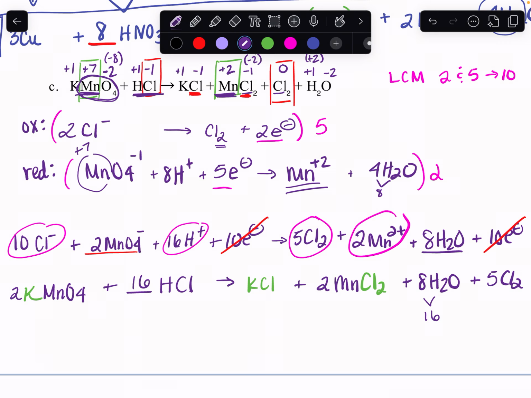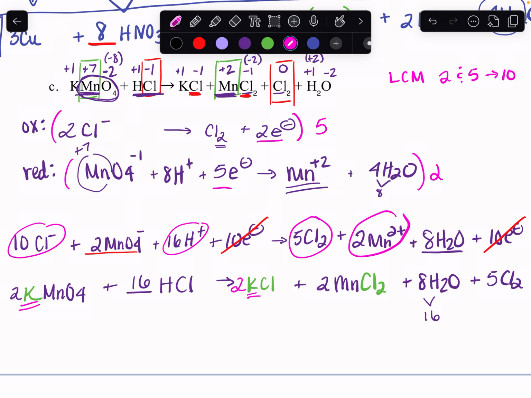But I do want to look around, and I want to make sure that I've actually got the correct amounts of everything, right? So one thing is my spectator ions are not correctly balancing at the moment. I have this potassium over here, and I got 2 of them, but I only got 1 here. So I am going to plop a 2 down out in front of this.